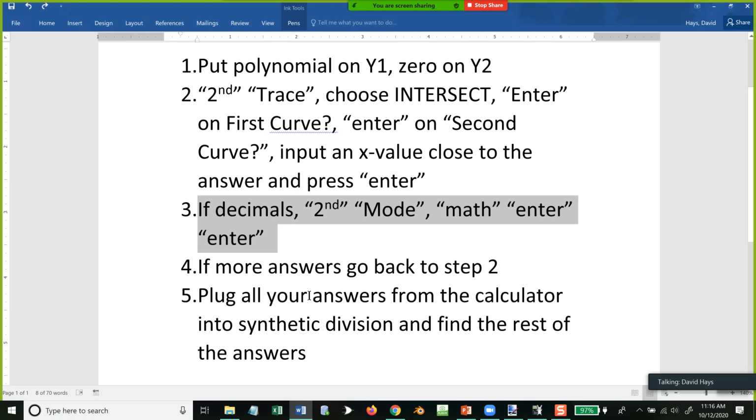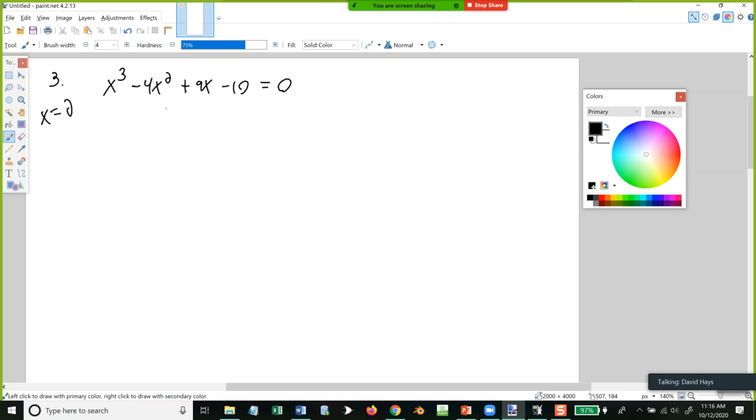Plug all your answers from the calculator into synthetic division and find the rest of the answers. So we're going to take that 2 we just found, and we'll plug that in synthetic division. Remember, we have x to the third there. This would be x squared, x, no x. Start with your x to the largest power.